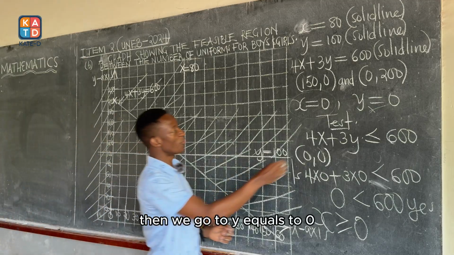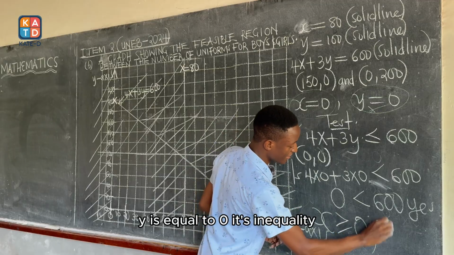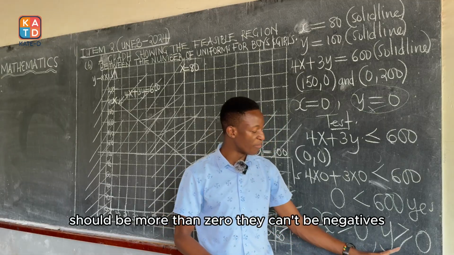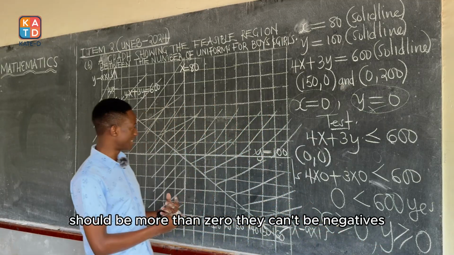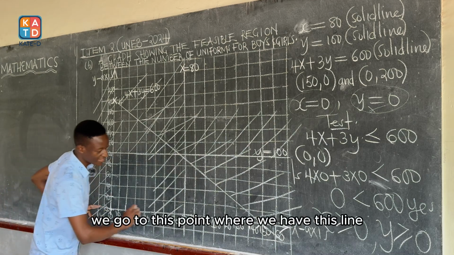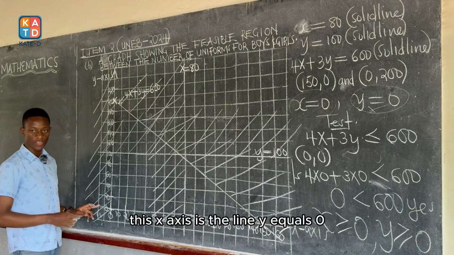Then we go to y equals 0. Its inequality was that the number of uniforms for girls should be more than 0. They can't be negative. So in actual sense, we go to this line, the x-axis, which is the line y equals 0.